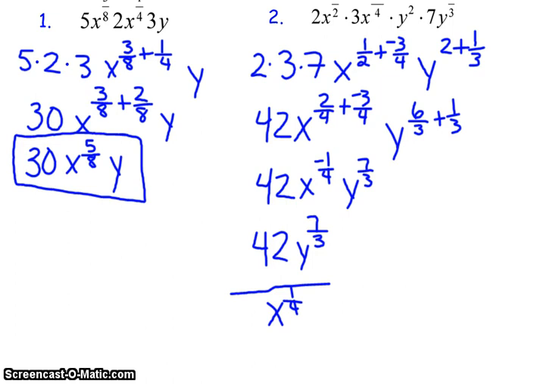Now we need to rationalize that denominator because we have a fourth root, so we need to rationalize it by multiplying top and bottom by x to the 3/4.